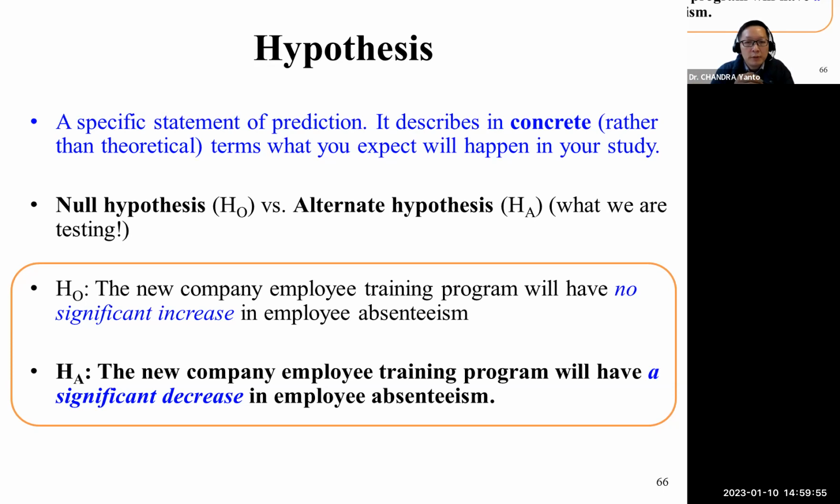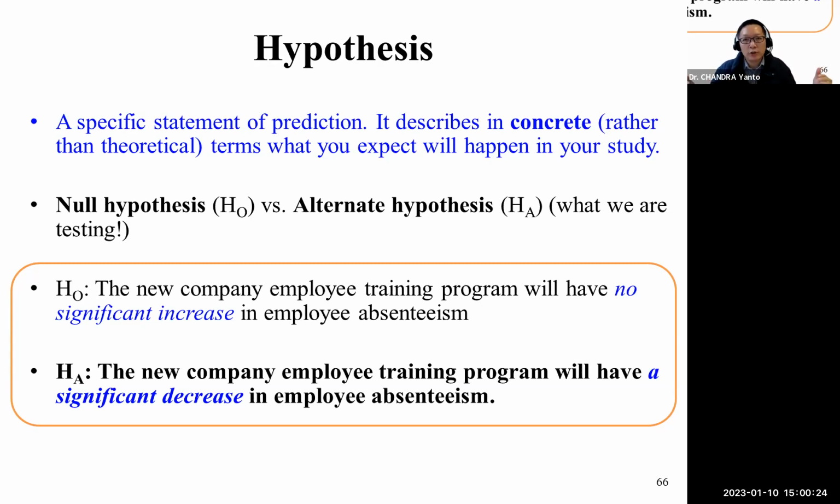For example, if you say there's a new kind of employee training, and if you implement this training program for the employees, it will decrease absenteeism, employees being absent from the company, which can be a problem for some companies. When you state it like this, this is an alternate hypothesis, right?